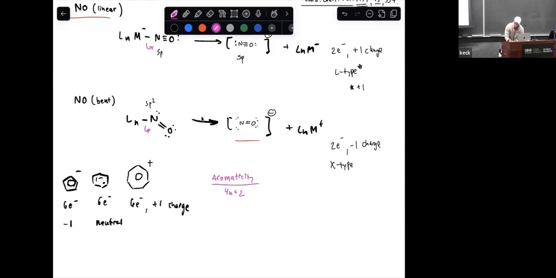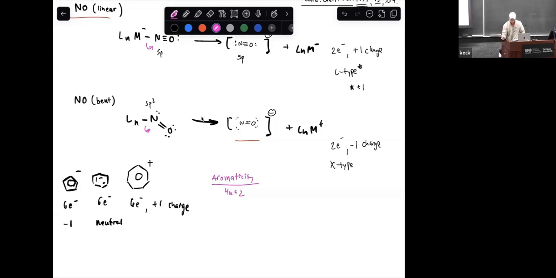All three of these ligands, Cp, benzene, and tropylium, share that they have 6 valence electrons and this form of aromaticity. They're all thus isoelectronic, but in terms of electron counting, they're different.